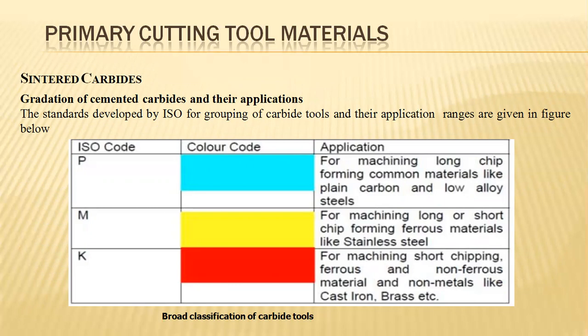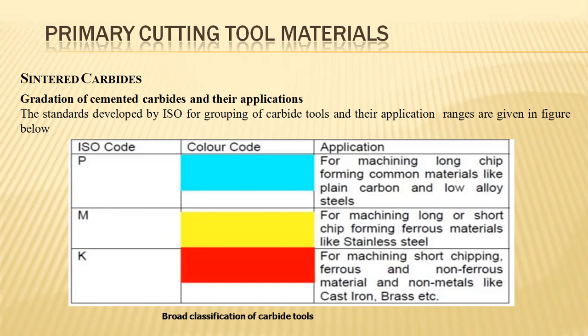Coming to the gradation of sintered carbides with respect to applications, as per the ISO standards it has been categorized into different ranges depending upon the different types of applications in machining processes. For ISO standard P, the color code is navy blue.